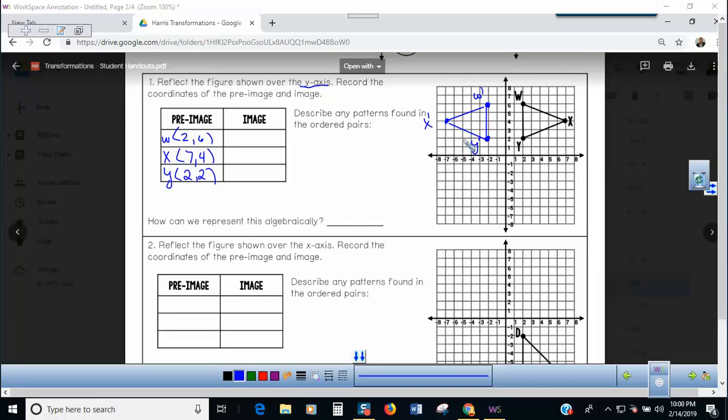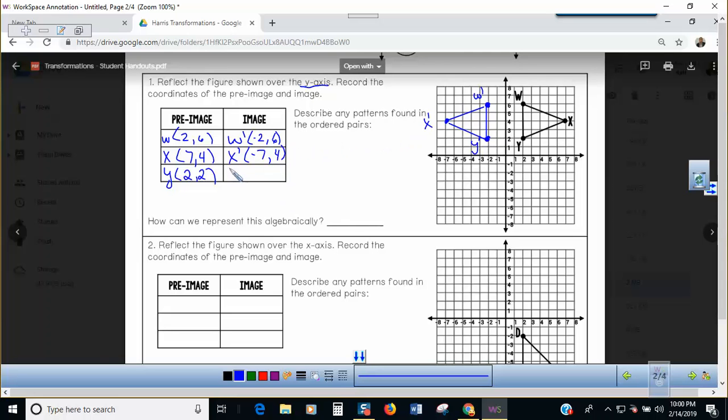And now we're going to just record the points of our image. So for W prime, we're at -2, 6. For X prime, we're at -7, 4.